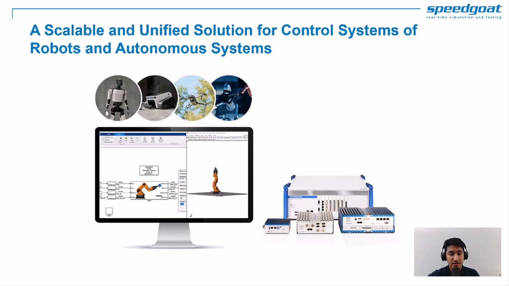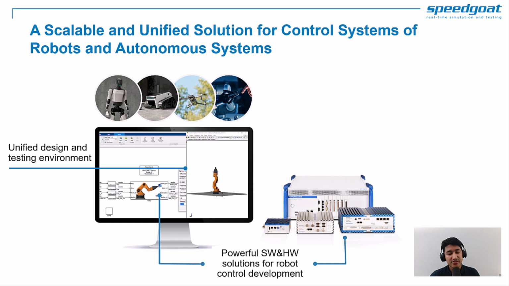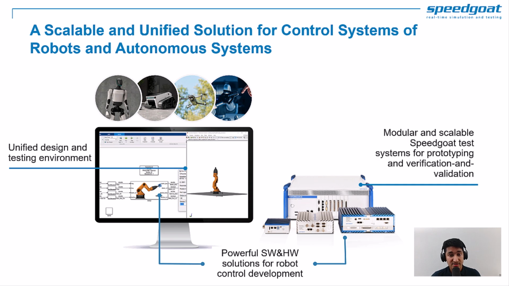The controller development solution by MathWorks and SpeedCode is designed to assist you with technical and workflow challenges. Benefit from a fully Simulink integrated solution that provides flexible and automated workflows for prototyping and testing. Powerful software and hardware solutions for developing the complex control systems of robots and autonomous systems, and modular test systems that can scale with your needs.